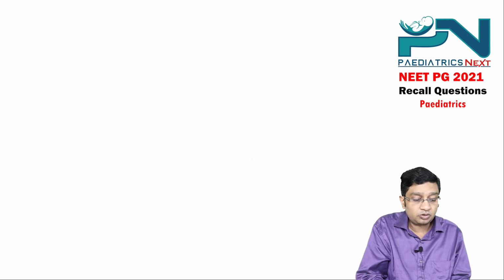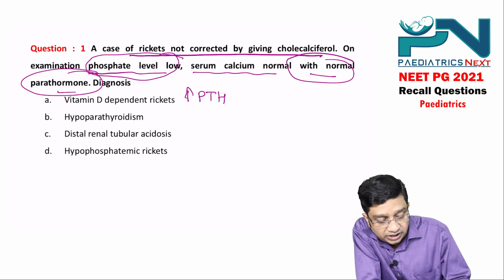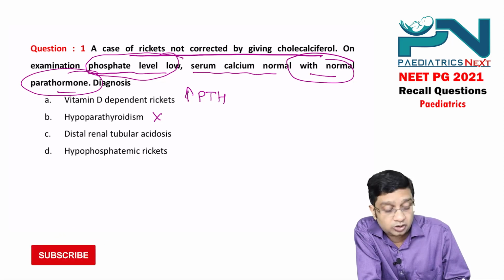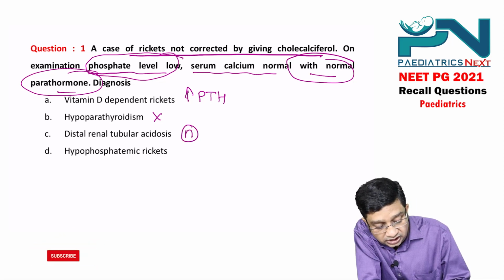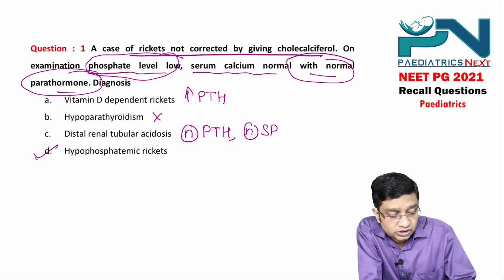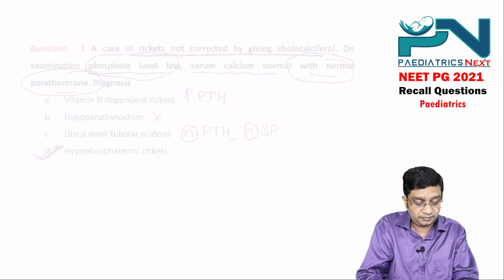What it rules out: vitamin D dependent rickets, because here there is always increased PTH. Hypoparathyroidism cannot be the cause because normal PTH is given. Distal renal tubular acidosis has normal PTH and normal serum phosphorus. So the right answer to this question is hypophosphatemic rickets.